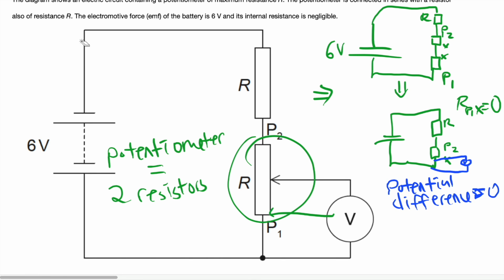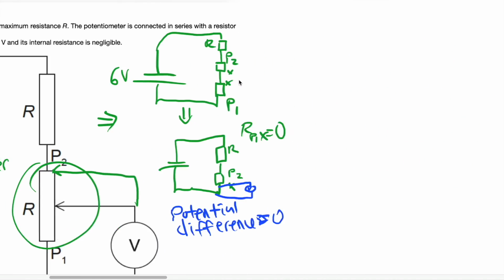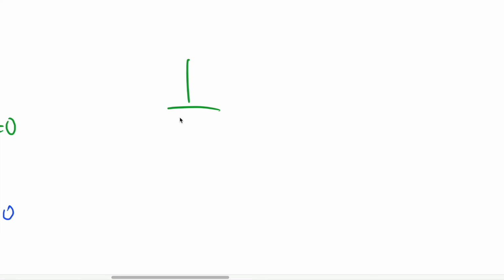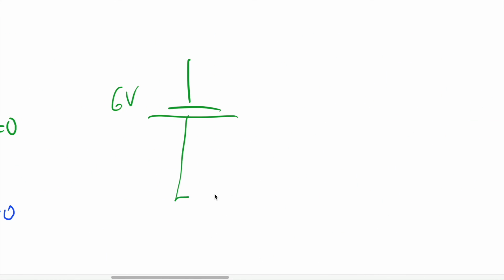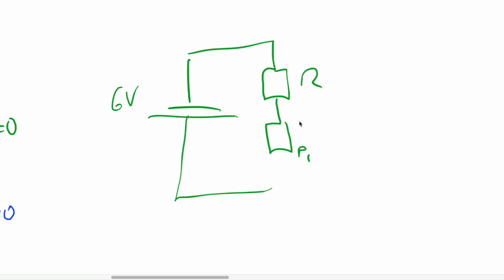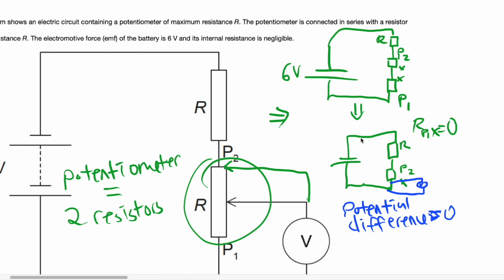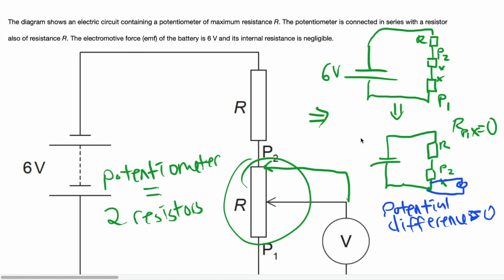And when the slider is connected to P2, the circuit is something like this. Let me draw it here. Here is 6 volt, and then you have an R here, and then P1, P2 connected to a voltmeter. Right. So what is the potential difference across the potentiometer? Both R and the potentiometer are going to have a potential difference.